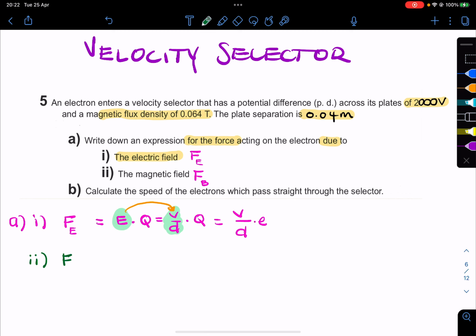The force due to a magnetic field is proportional to the magnetic field strength, B, proportional to the charge, Q, and proportional to the velocity, V. So we can say Fb equals B times Q times V. There's probably a sine theta here, but because it's a velocity selector, we know that it's perpendicular and theta equals 90 degrees.